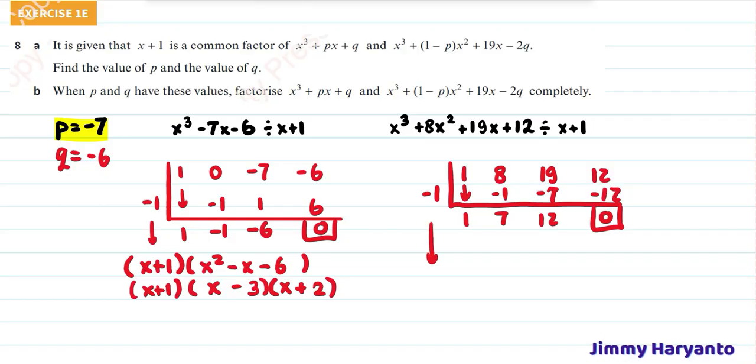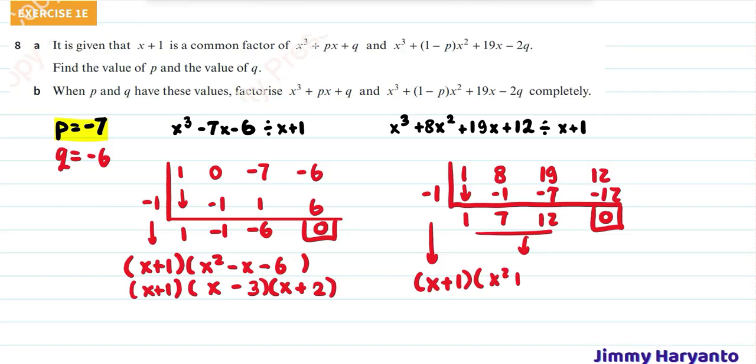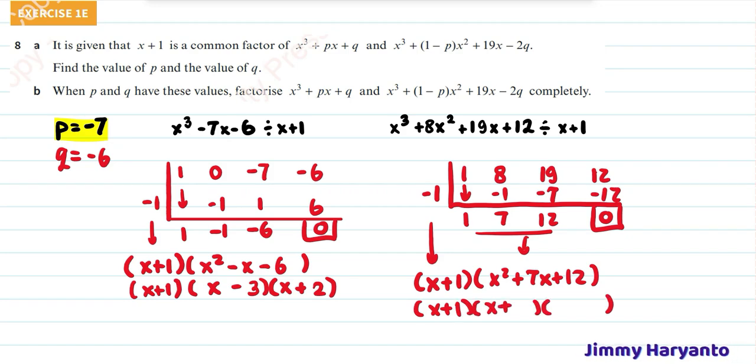So from this one, you will have x plus 1, and from this one, you'll have x squared plus 7x plus 12. For the quadratic, you can factorize it like this: x plus 4 and x plus 3, I guess. So this is the factorization of the first polynomial, and this is the factorization of the second polynomial.